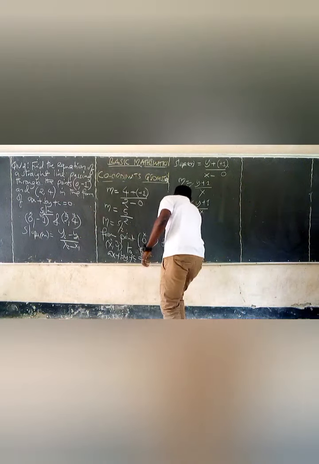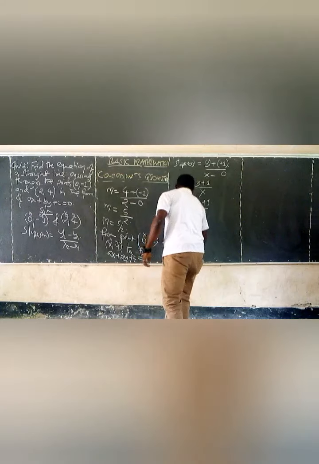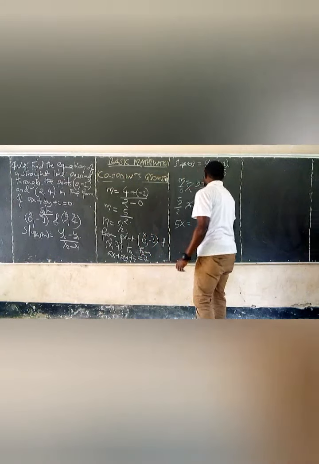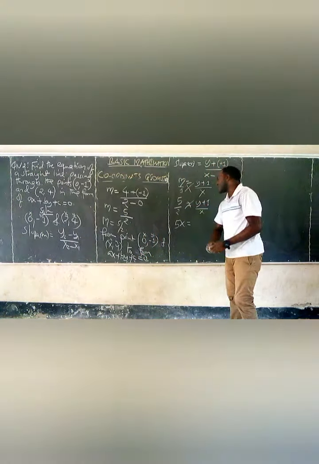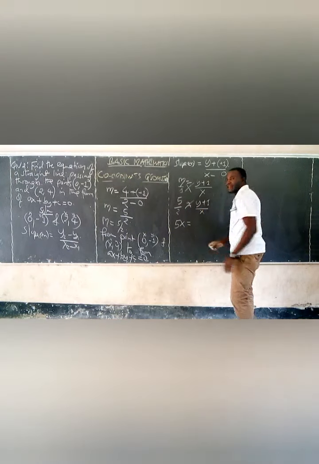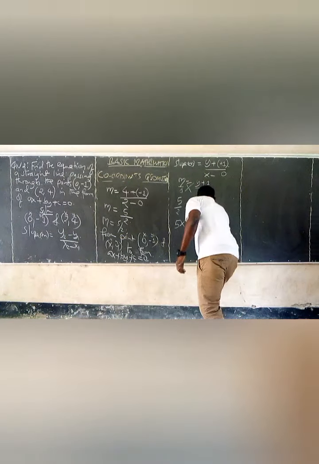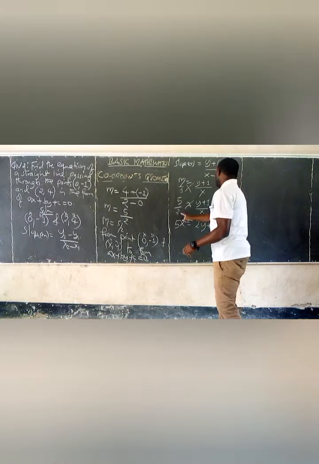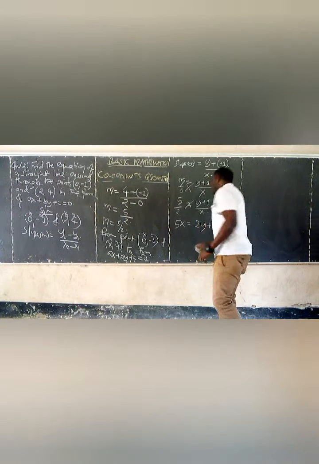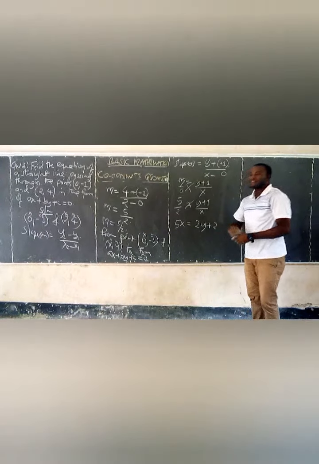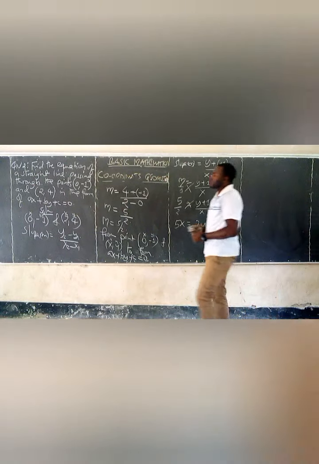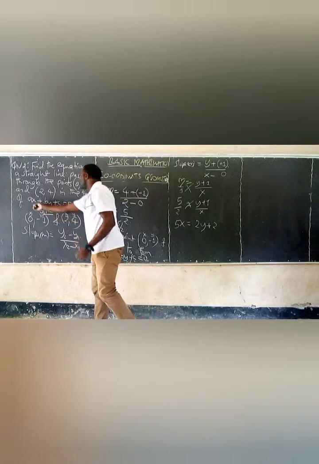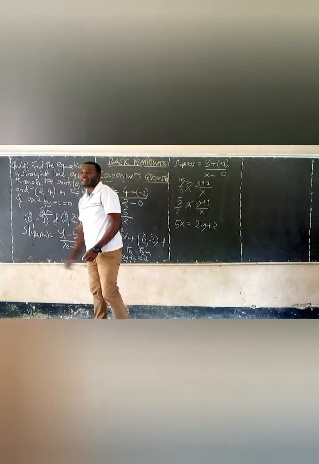Then this is equal to 2 multiplied by the numerator: 2 times y, you get 2y, then plus 2 times 1, you get 2. Then back to the guiding form, the equation of the line is the standard equation of the line.